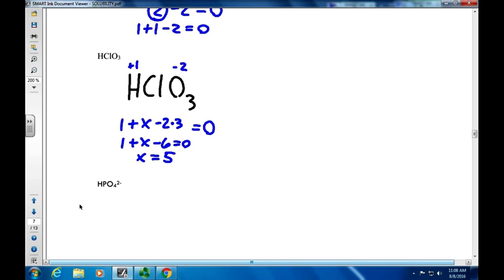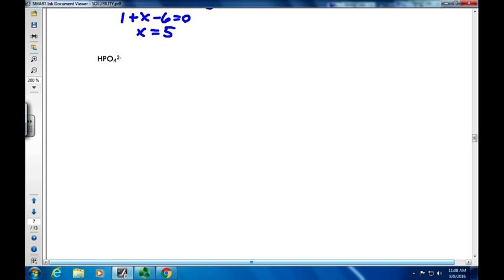So our determination is that chlorine has a +5 oxidation state. That's the odd man out. That's the one that is going to be a little trickier to find out because chlorine can have several different oxidation states.